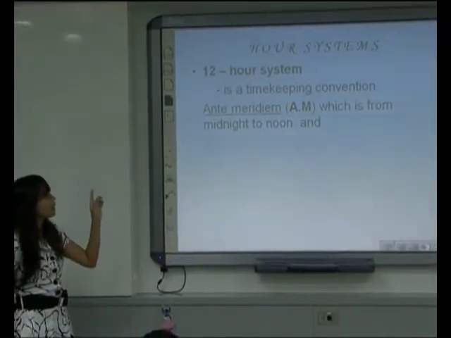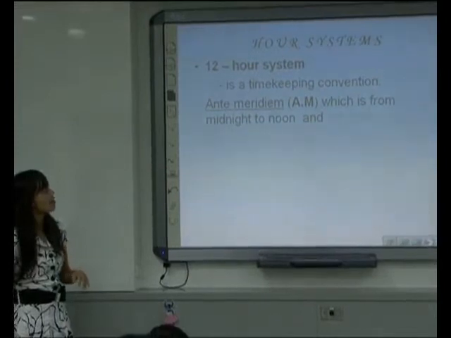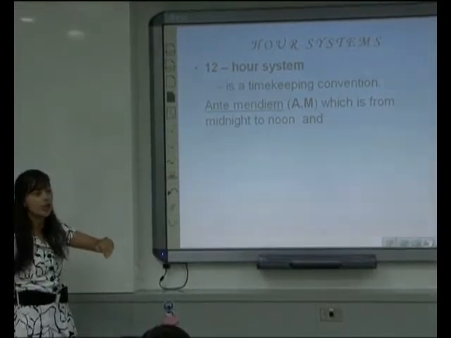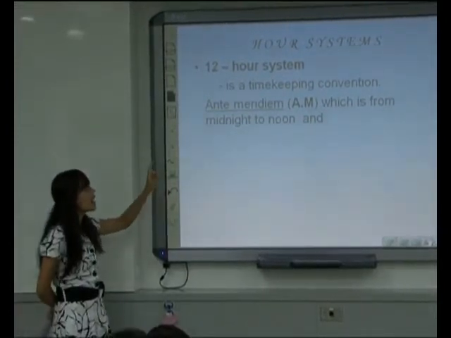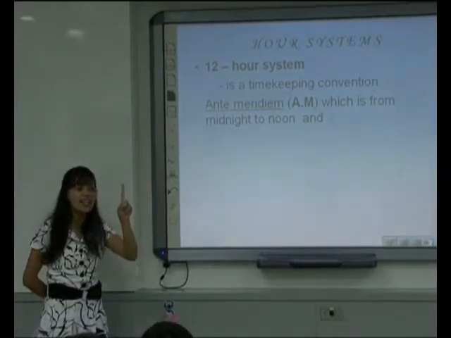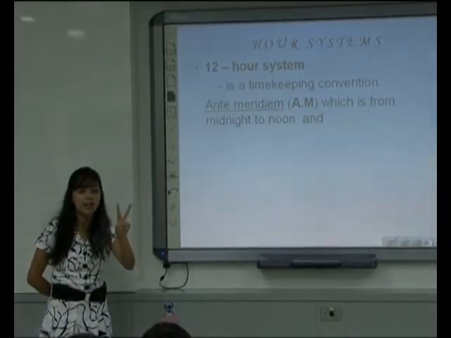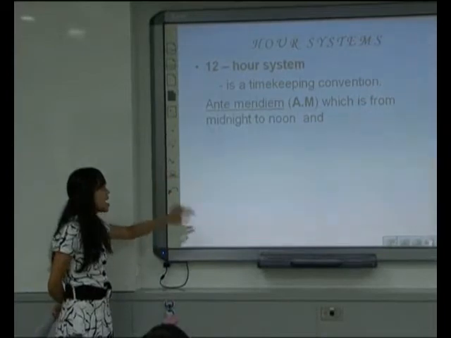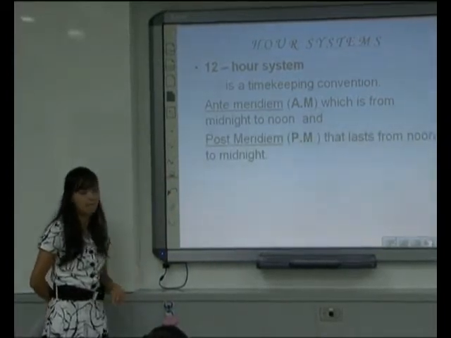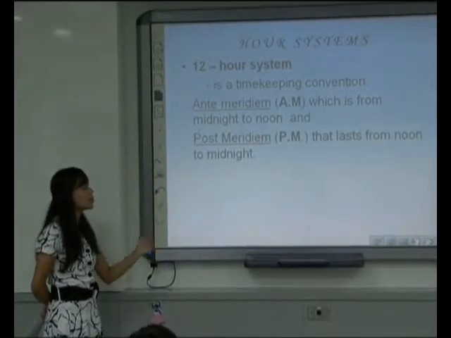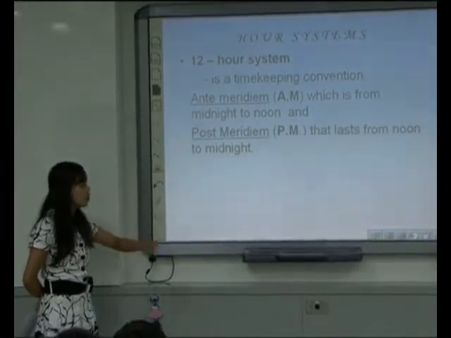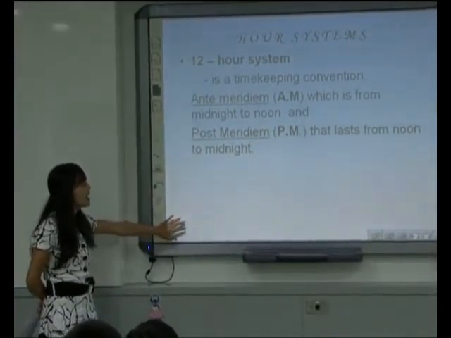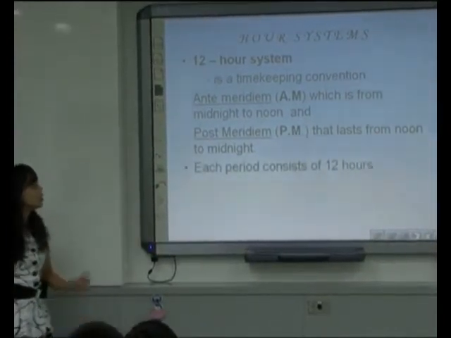After anti-meridian, AM, which is from midnight to noon, one day is divided into 2 parts: AM and PM. In the morning, use AM from midnight to noon. In the afternoon, use PM from noon to midnight.